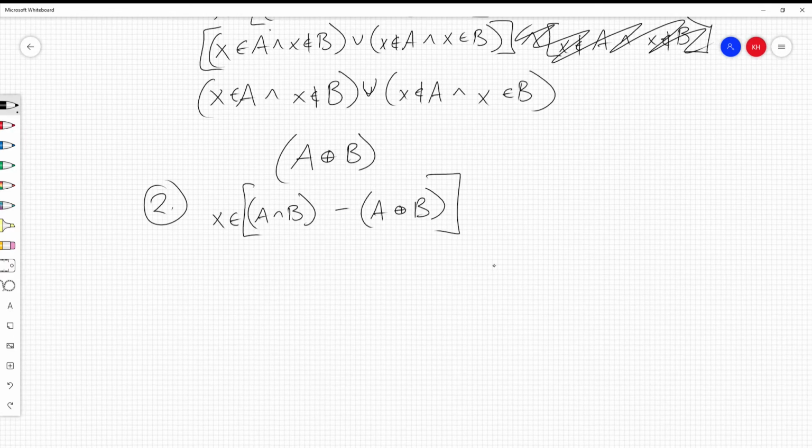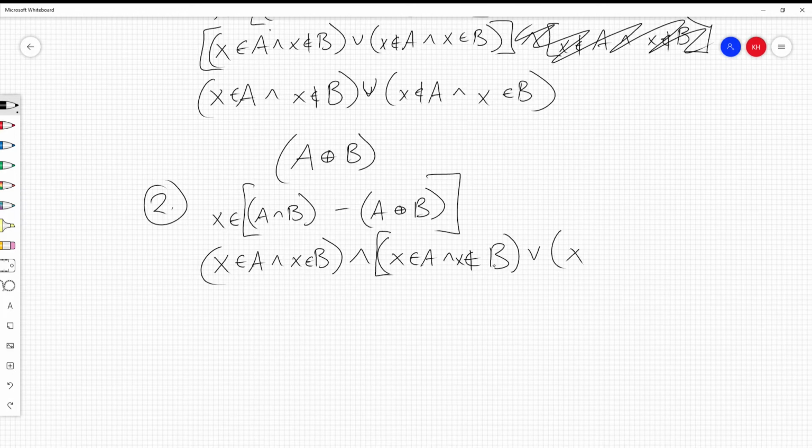But yeah, we have x is an element of A, and x is an element of B, and, oh god, x is an element of A, and x is not an element of B, or x is not an element of A, and x is an element of B. By distributing this minus sign through, you can imagine just flipping it.